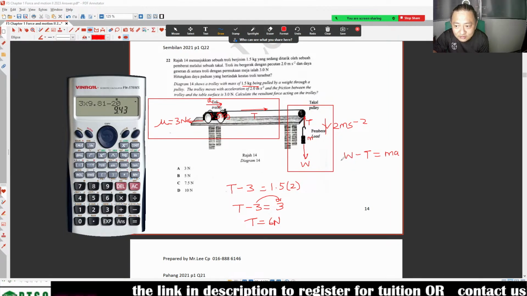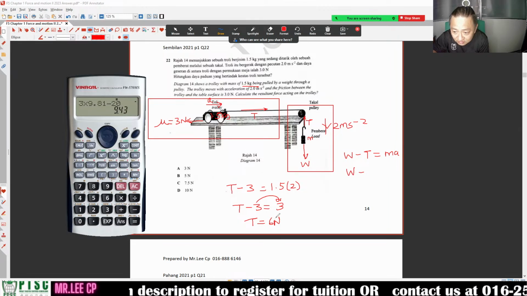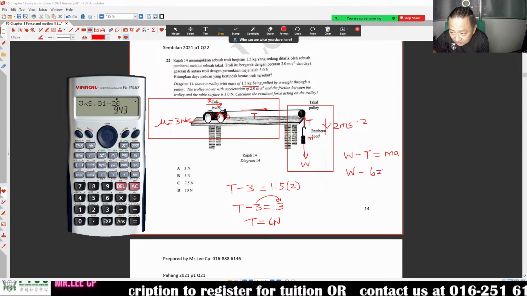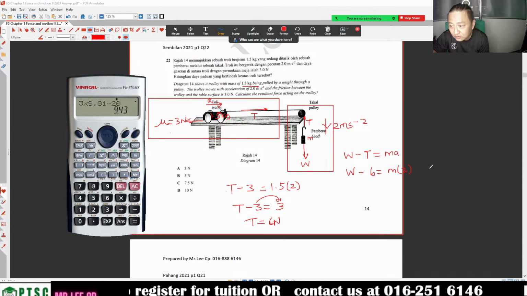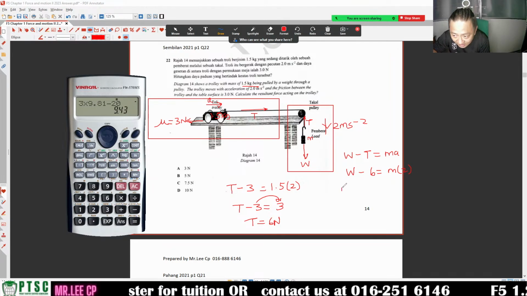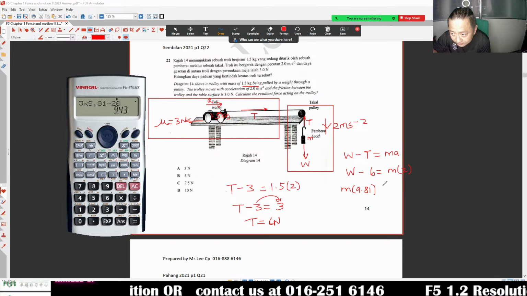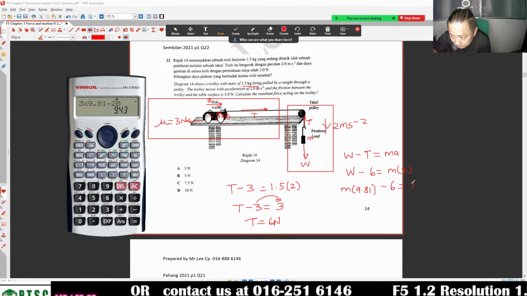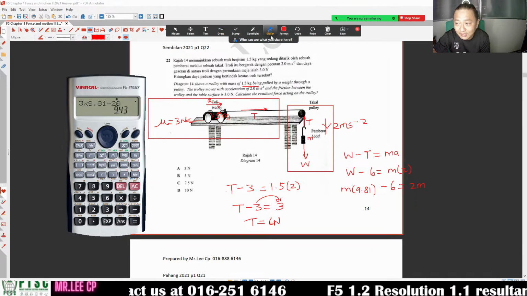W, I don't know, minus tension 6 is equal to M times 2. This W is M times 9.81, which is 9.81 M.